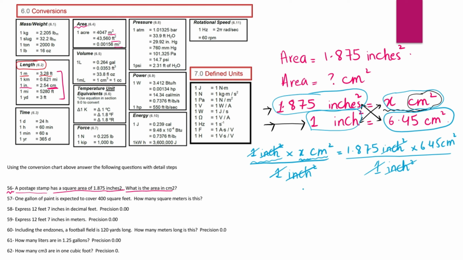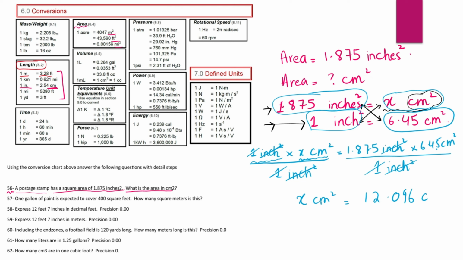Okay, so now we have x centimeter square is equals to, you can just multiply 1.875 by 6.45, that you will get your value 12.096.